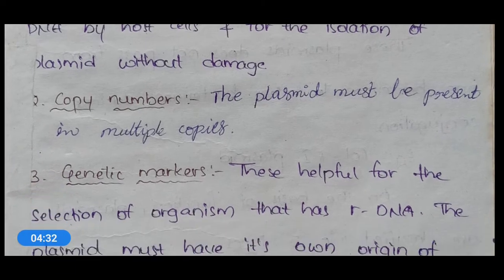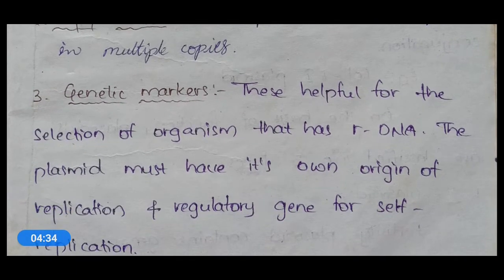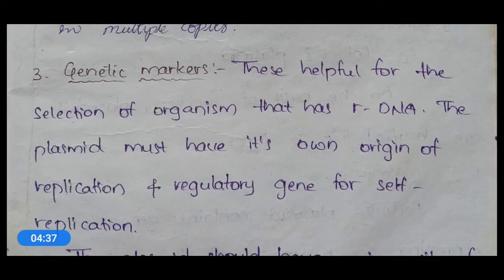The third characteristic is the presence of genetic markers, and these genetic markers help for the selection of organisms that have recombinant DNA.